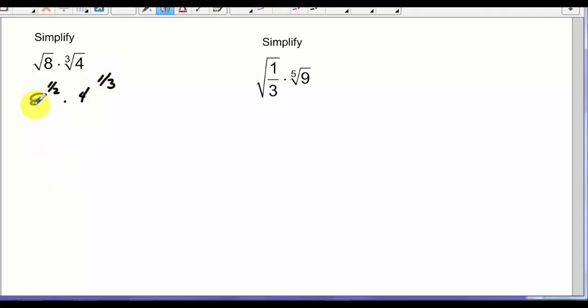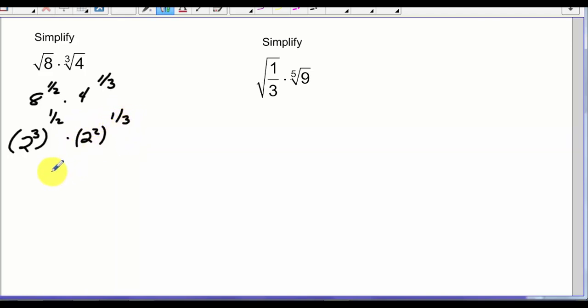Now again, the rule states we have to have the same base in order to add the exponents, and we don't have the same base, but I can rename 8 as 2 cubed. Haven't changed anything about what it's equivalent to. 2 cubed is still 8, so I haven't changed the problem, and that's raised to the 1/2 power. I'm going to multiply that by 2 squared, which is 4, to the 1/3.